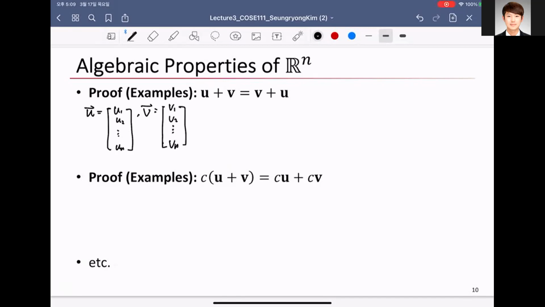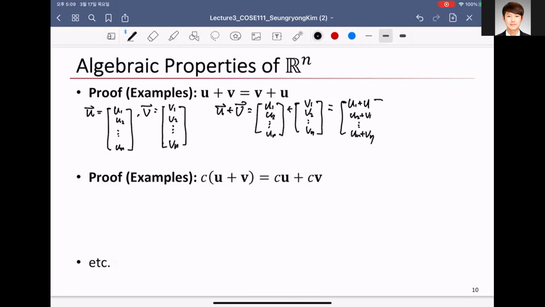Then u + v is equal to (u1, u2, un) + (v1, v2, vn), which is equal to (u1 + v1, u2 + v2, ..., un + vn). Can you see that, everyone? Which is equal to (v1, v2, vn) + (u1, u2, un), which is equal to v + u.